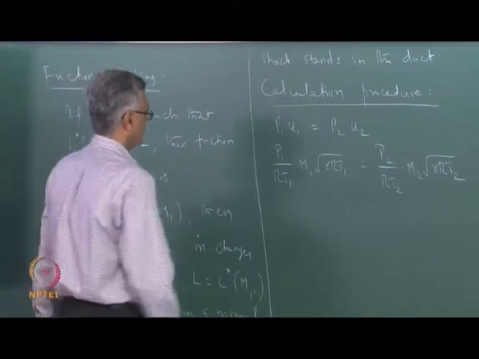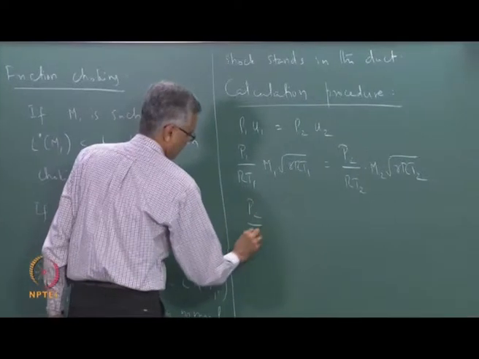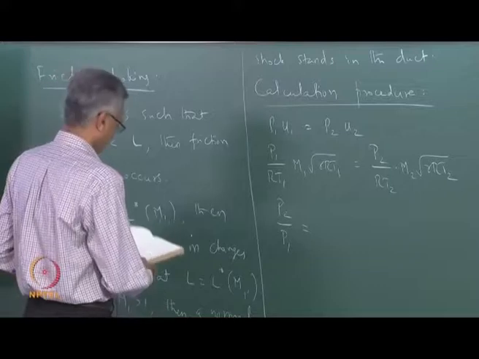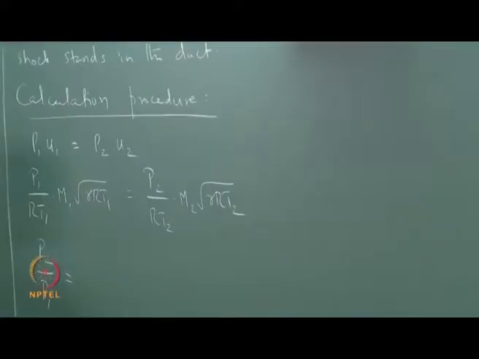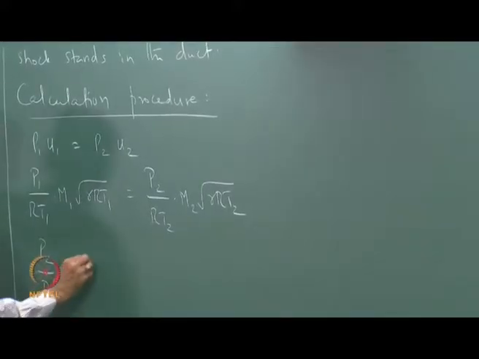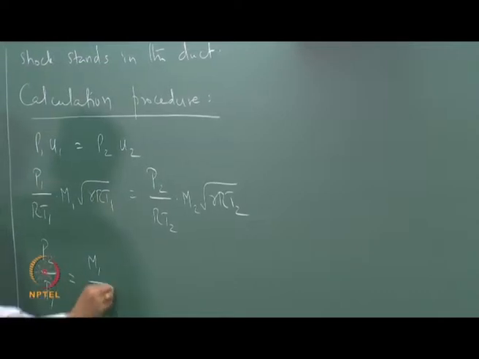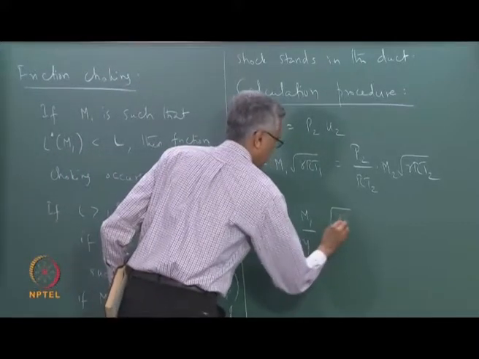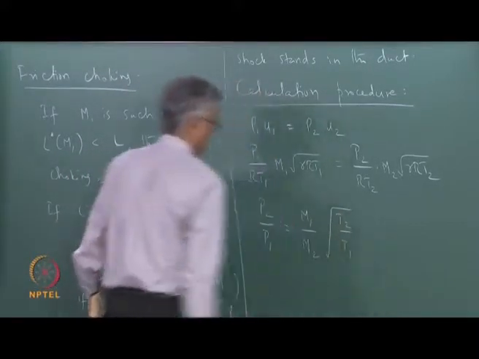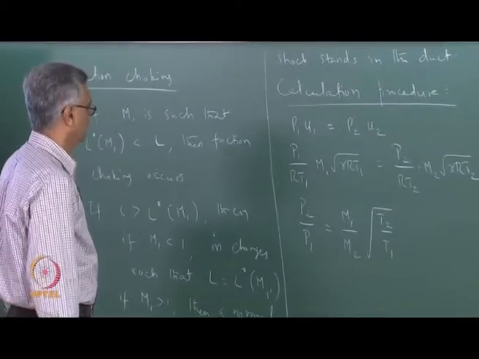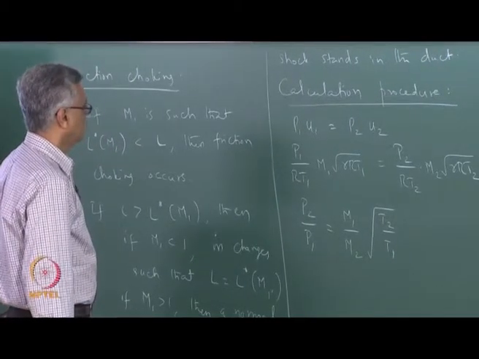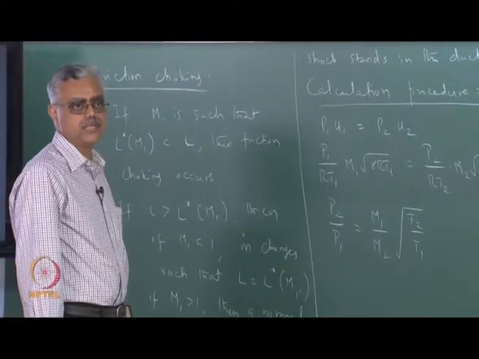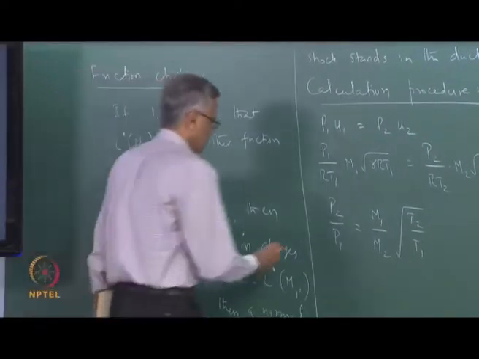And if I rearrange this, I get P2 over P1 is equal to M1 over M2 times square root of T2 over T1. Now, in this particular flow there is no heat addition, so stagnation temperature remains constant.